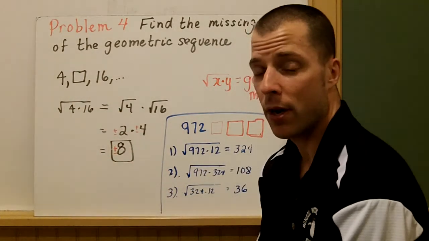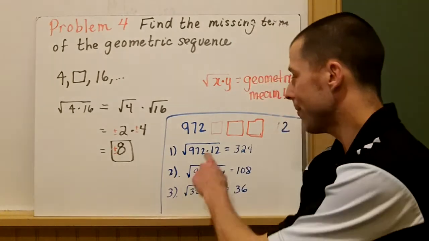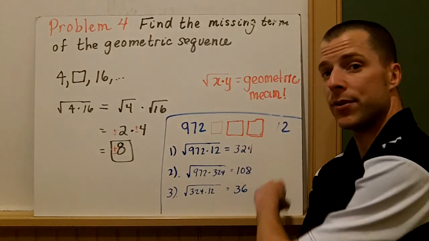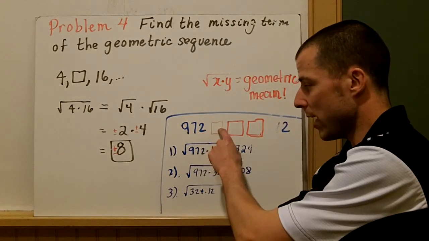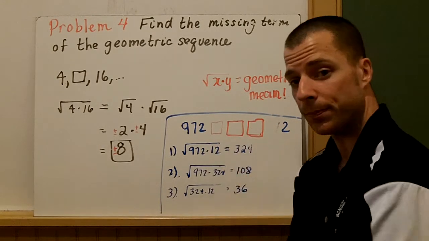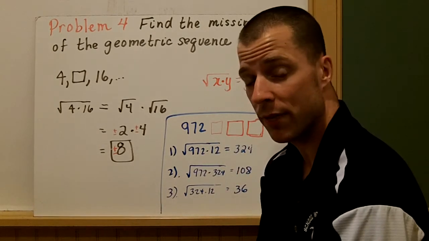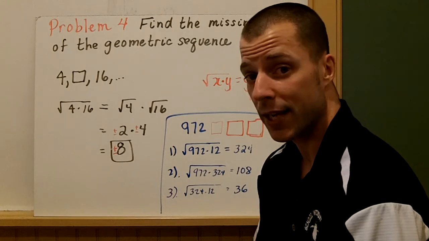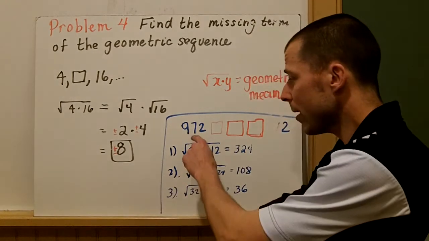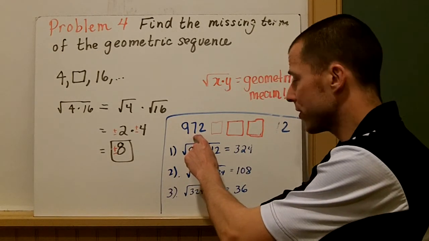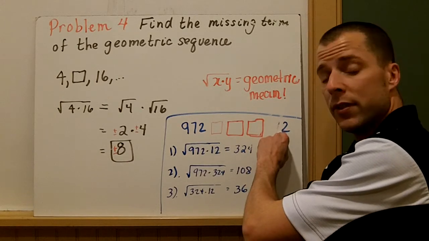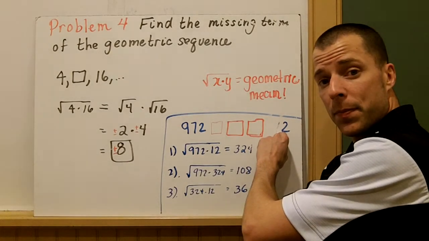The last little part, we're going to look at what happens if I give you 3 blank numbers. 972, blank, blank, blank, and 12. How would I use the geometric mean to find missing values? It's not too terribly bad. But notice how 972 is the first number and 12 is the last number.